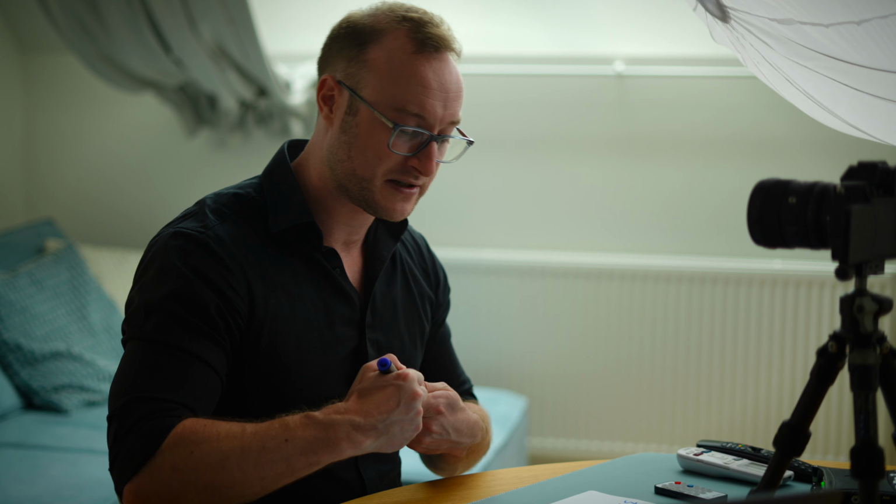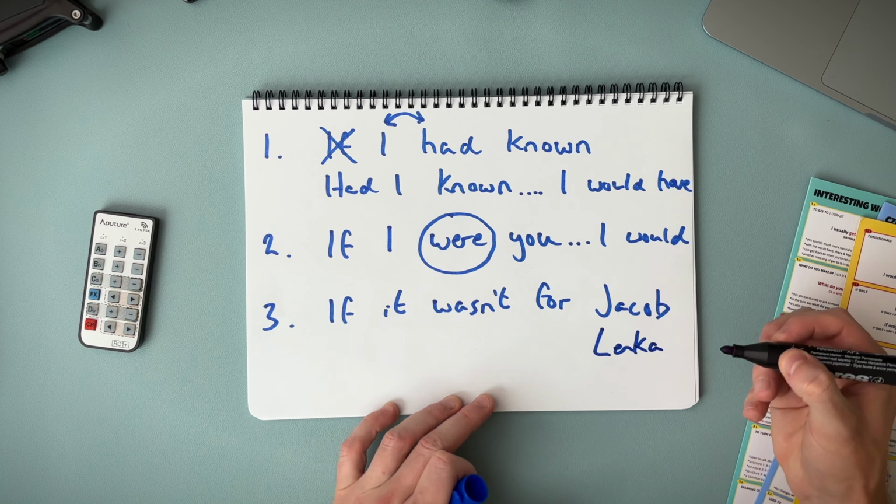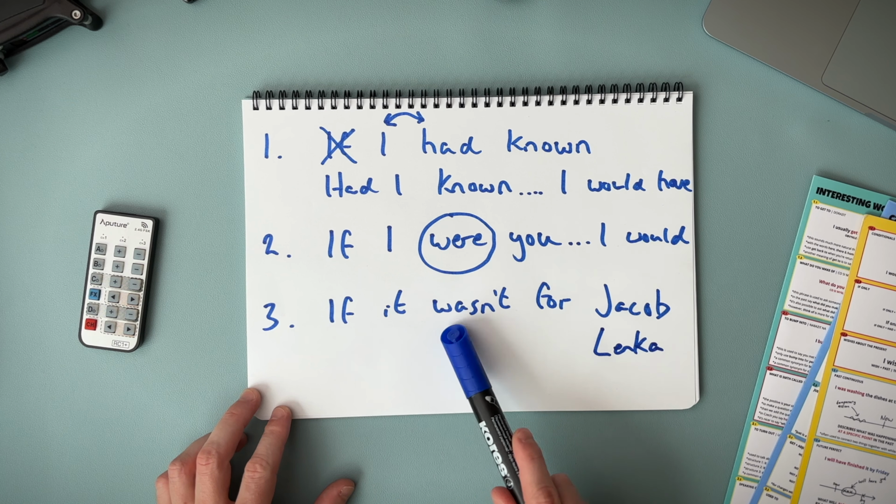Let's change the person. Let's imagine that Lenka is the reason I became an amazing cook because she was always showing me interesting recipes and helping me cook. And I want to say that she's the reason I learned how to cook. So I could say, if it wasn't for Lenka, I never would have learnt how to cook, or I never would have learned how to cook this amazing meal.